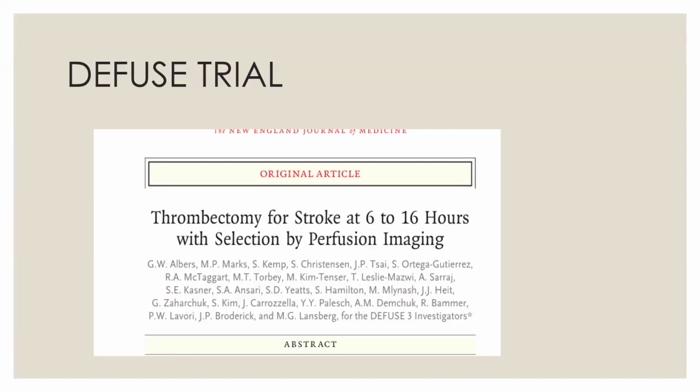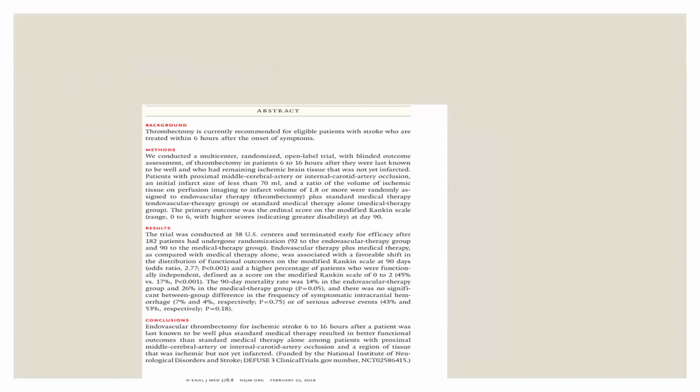Now, the next was the DEFUSE 3 trial, which showed that thrombectomy for stroke can be done between 6 to 16 hours with selection by perfusion imaging. It is a multicenter randomized open-label trial with blinded outcome assessment of thrombectomy in patients 6 to 16 hours after they were last known to be normal and who had remaining ischemic brain tissue that was not yet infarcted.